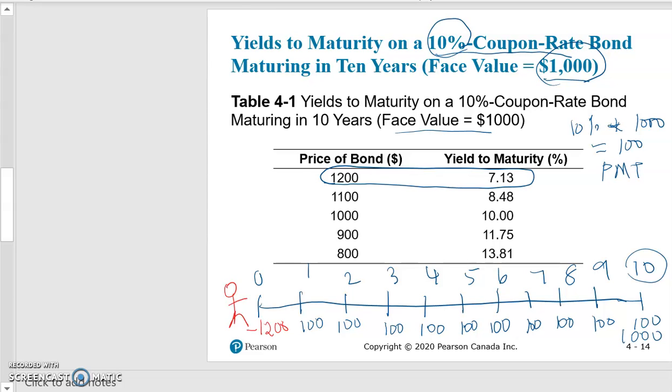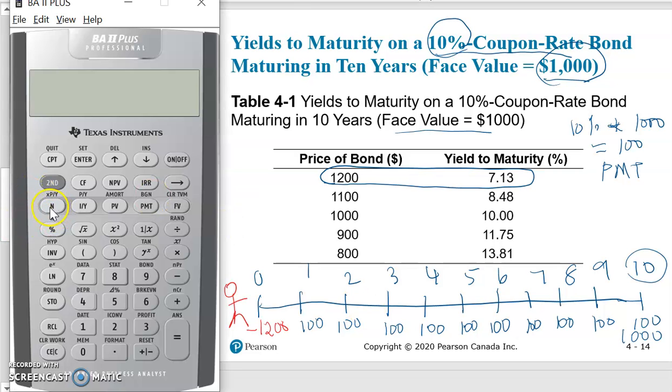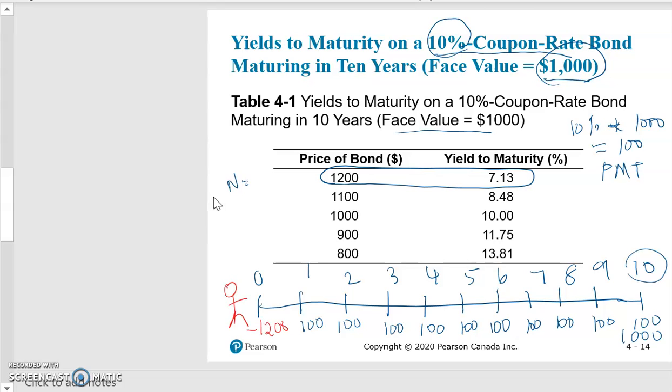So if I need to calculate the yield to maturity using the financial calculator, I will be using this third row here, which has N, which is the time to maturity, which is 10 years. The I/Y is the yield to maturity, which I need to calculate.